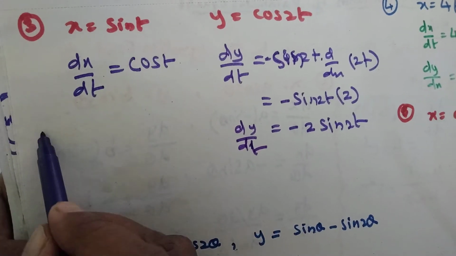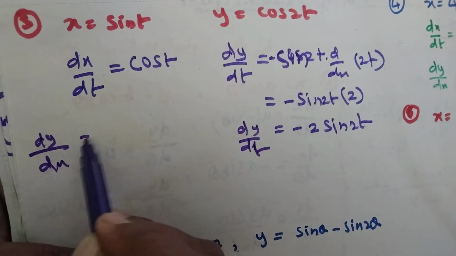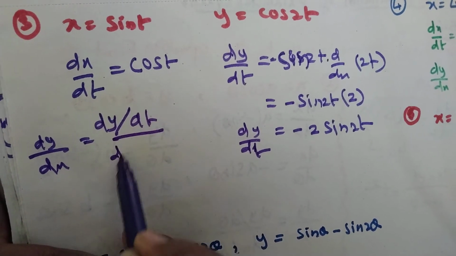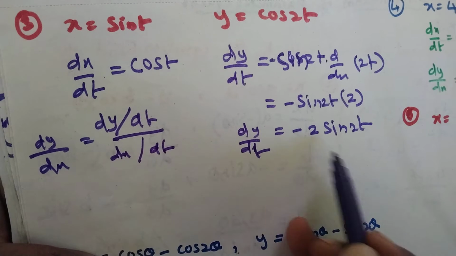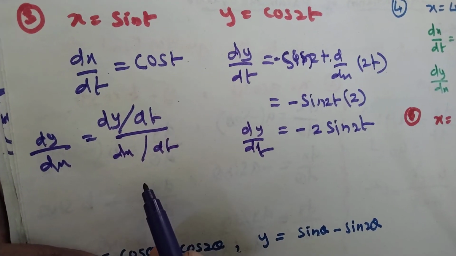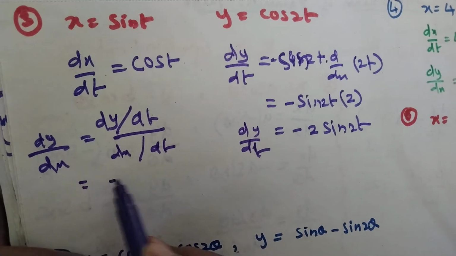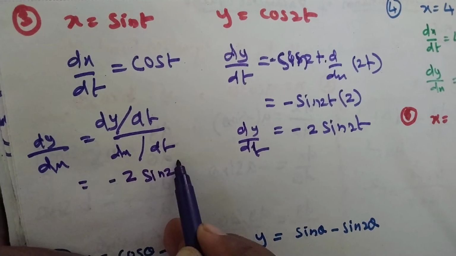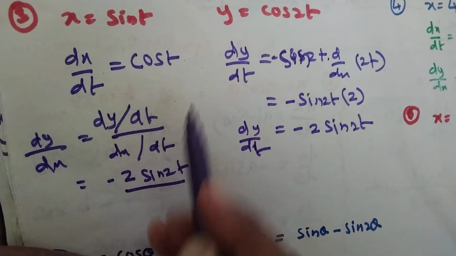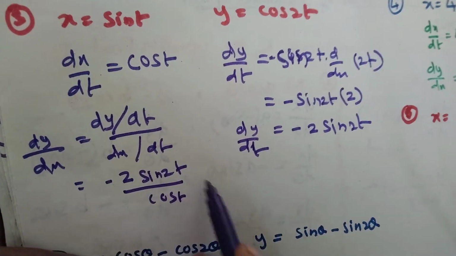Now dy by dx equal to dy by dt divided by dx by dt. Here dy by dt is minus 2 sin 2t divided by dx by dt, which is cos t.